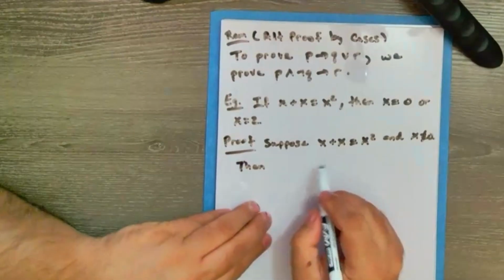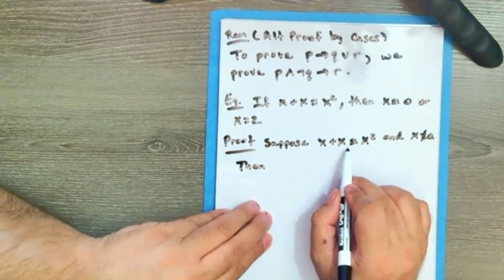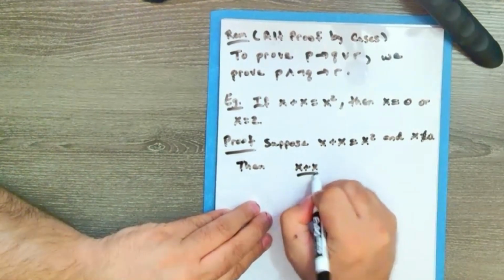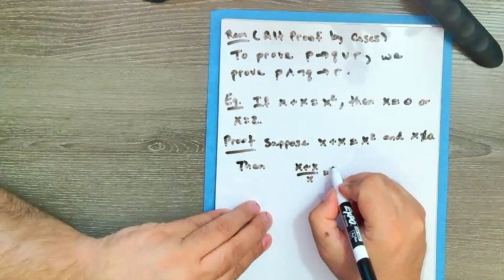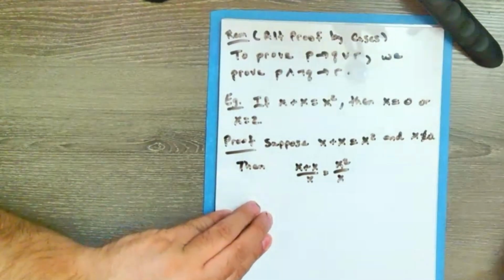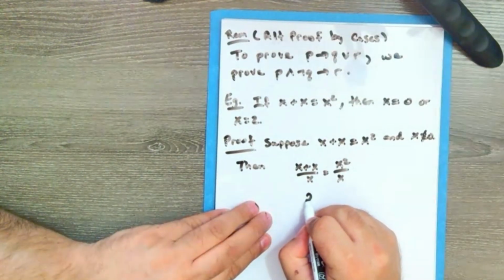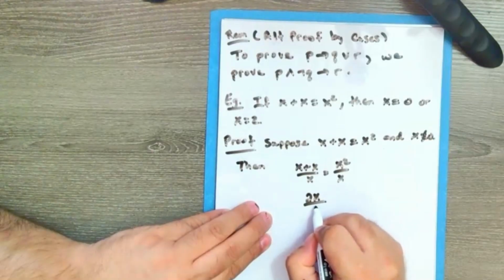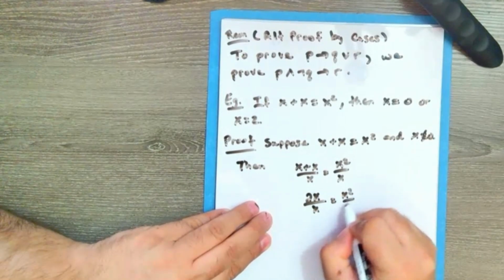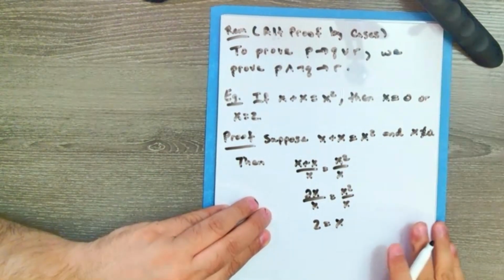Then we can divide both sides of this equation by x, since we are not dividing by 0, and we have x plus x divided by x is equal to x squared divided by x. And this gives us 2 times x over x is equal to x squared over x, or 2 is equal to x.